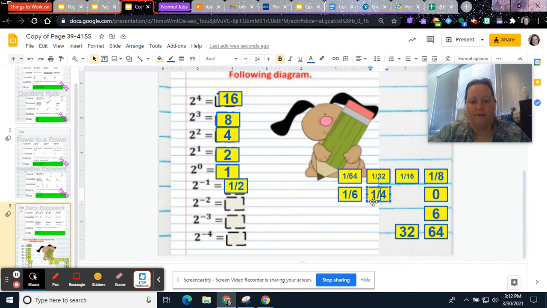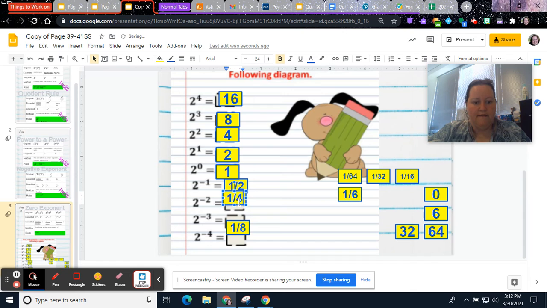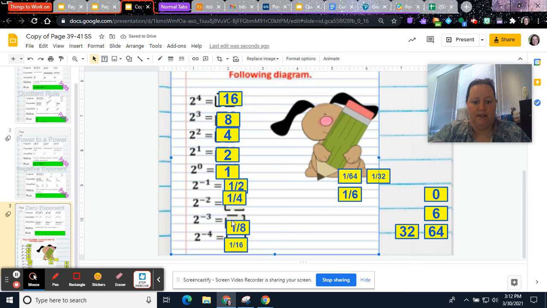So this one becomes 1/4. And then 2 to the negative 3rd, so it'll be 1 over 2 times 2 is 4, times 2 is 8. And then finally, 2 to the negative 4th power, 1 over 2 to the 4th power. 2 times 2 is 4, times 2 is 8, times 2 is 16.